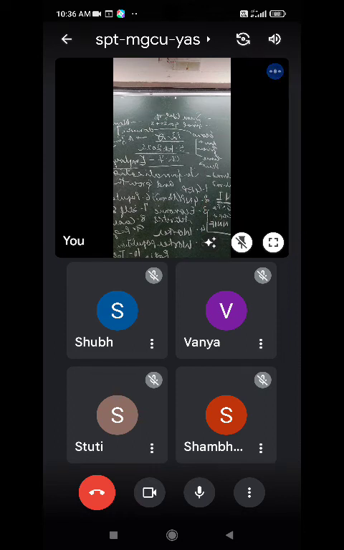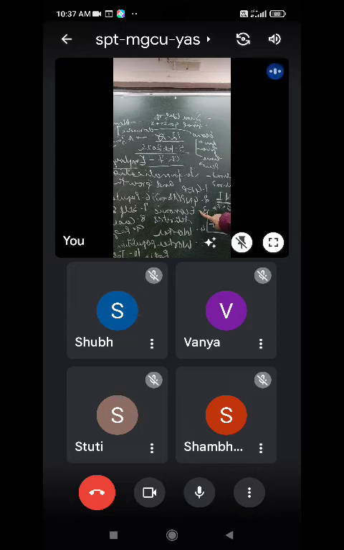Now, 12D, first of all, sit with your copy and please note down what I am telling you, which definitions and 1 mark questions we have to do. First, note down GDP. Second, GNP.